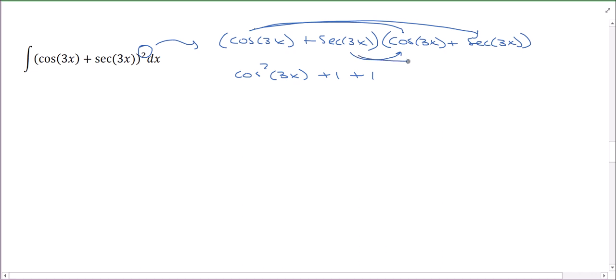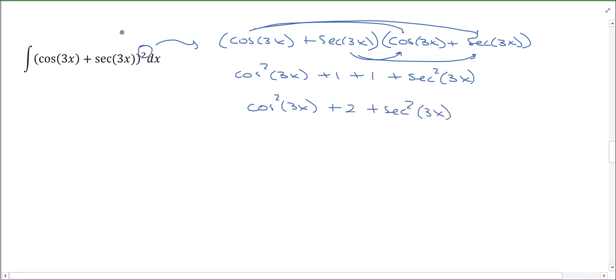And then secant times secant is plus secant squared of 3x. We don't do anything with the argument. Think of it like if you just had cosine theta times cosine theta, you would just say cosine squared theta, not theta squared. So simplifying this, cosine squared of 3x plus 2 plus secant squared of 3x.